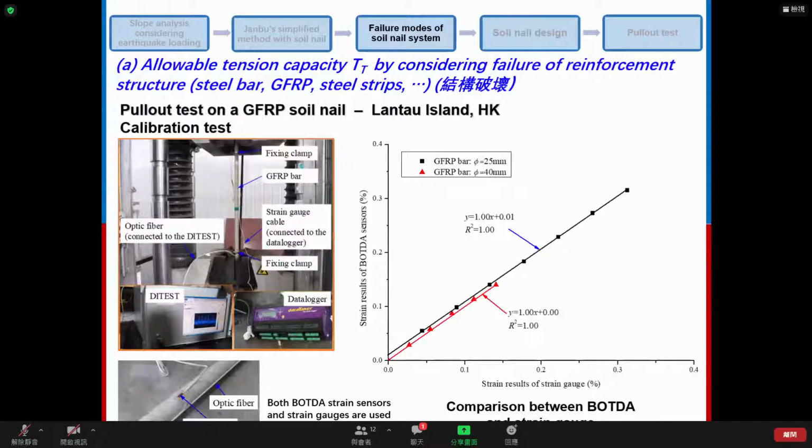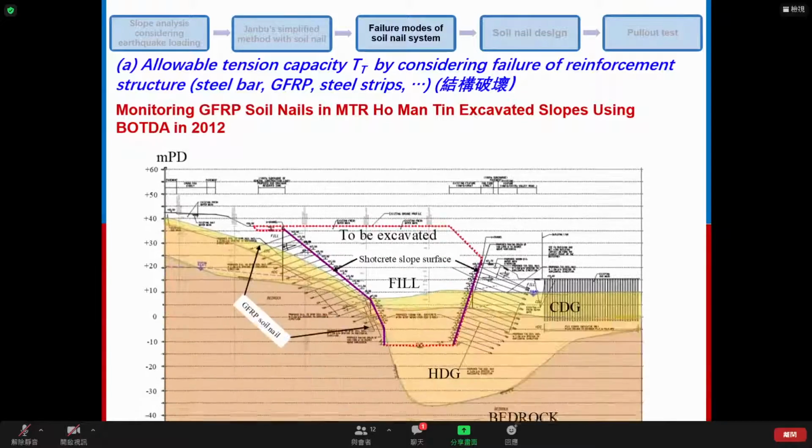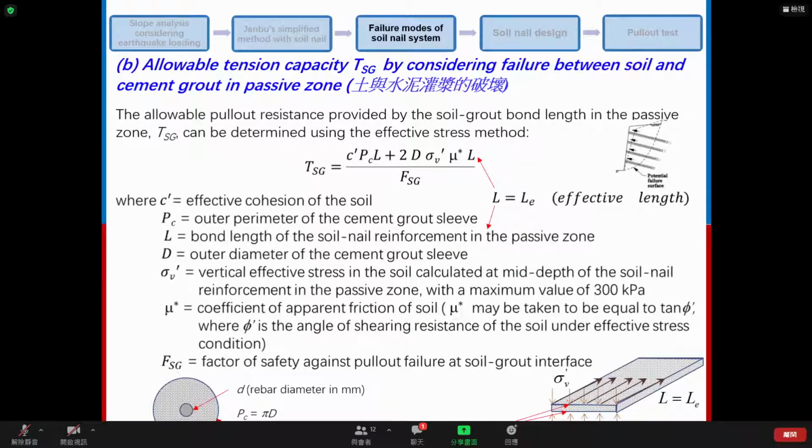And the second type of failure is failure between soil and the cement grouting, this interface, right? We consider the contribution of the cohesion and the contribution of the vertical stress. Why?